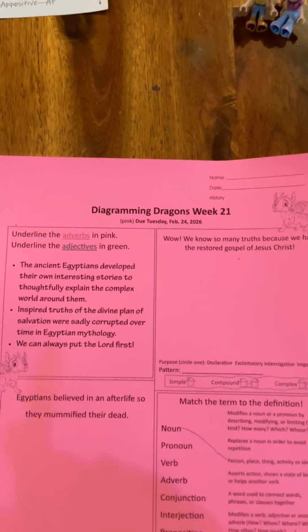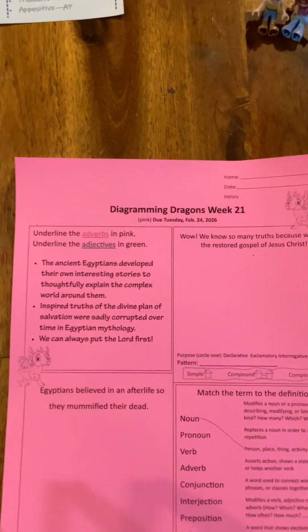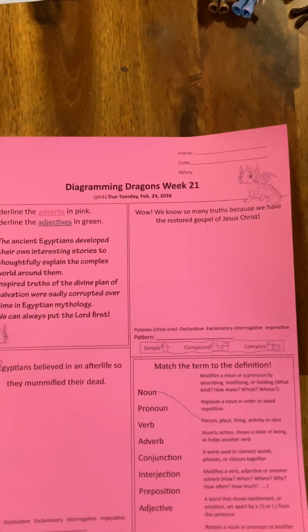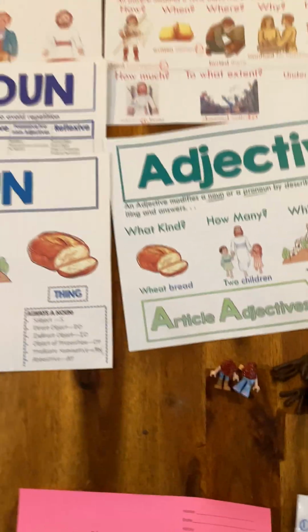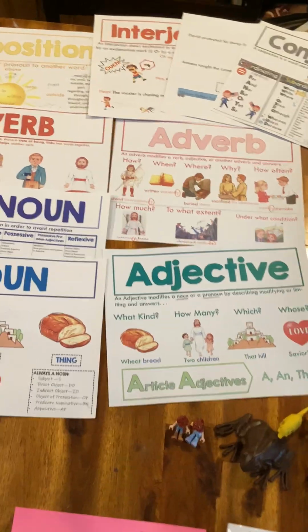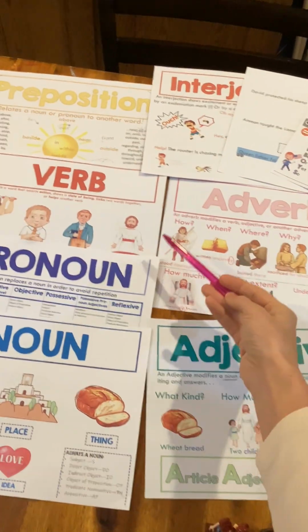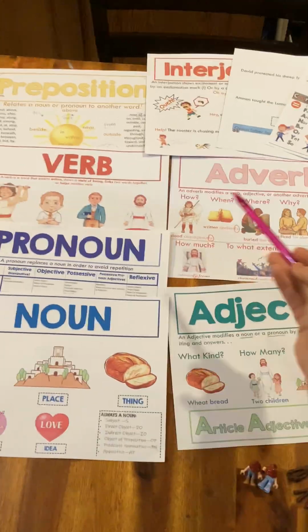Now up here at the top it says underline the adverbs in pink. If you're remembering from our chart, adverbs actually modify verbs. That's why they are a color that's connected to it. Pink will modify red because pink is a pretty close color to red.